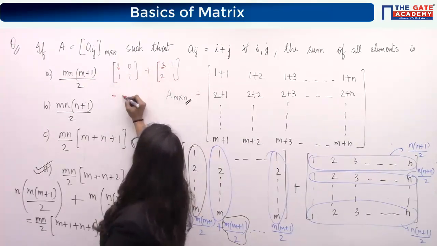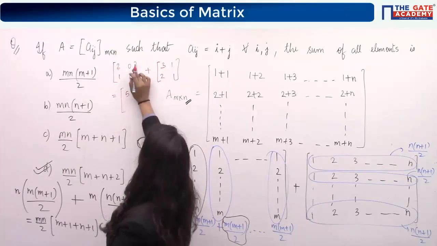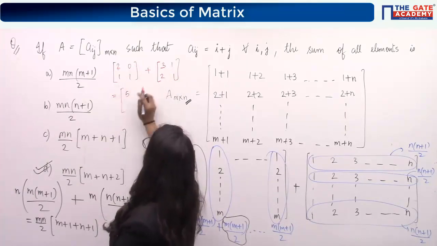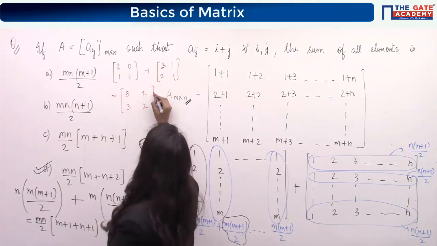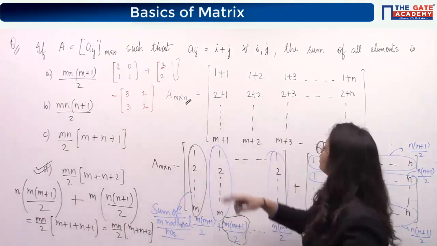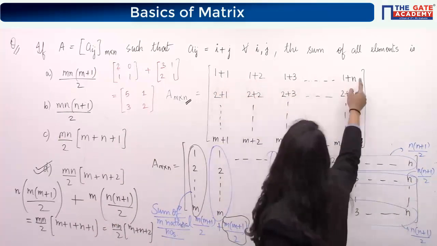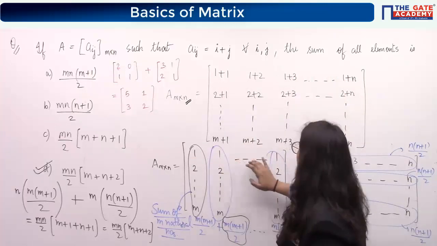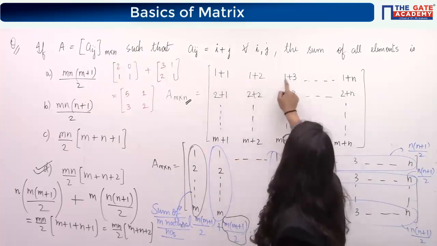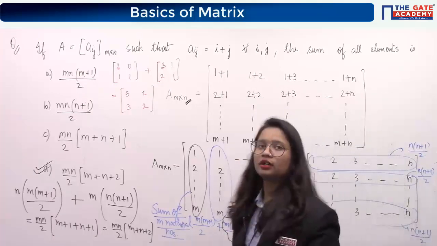Just add the respective positions: for this position add 2 plus 3, it will give you 5, and so on for the others. So that was written here, 1 plus 1, 1 plus 2, 1 plus 3. So I can see that the first one is obtained by adding 1, 2, 3 and n, and for the second, 1, 1, 1. So I have split it like this.